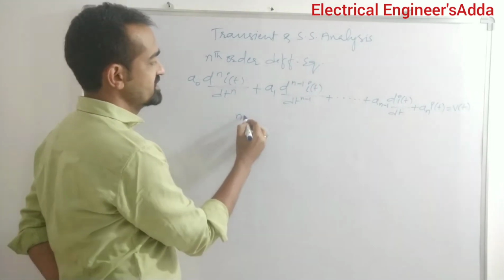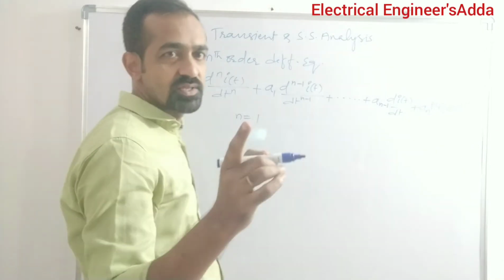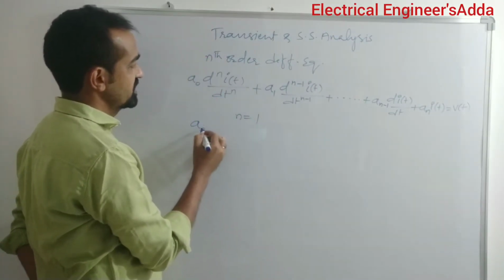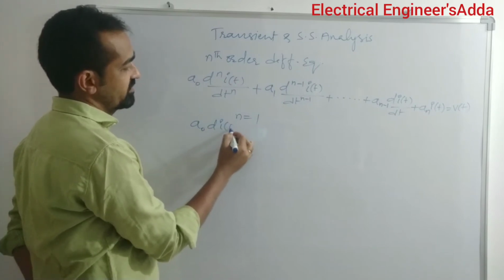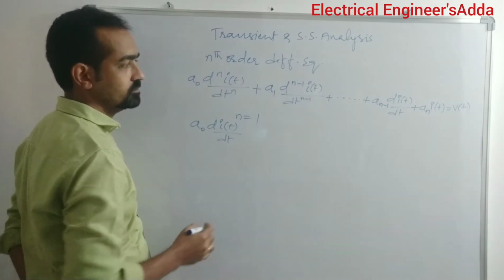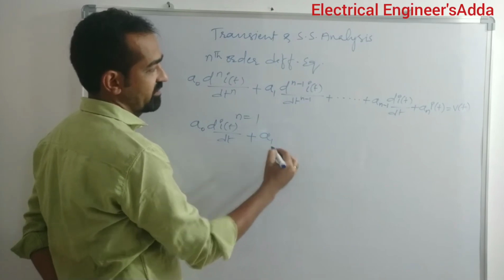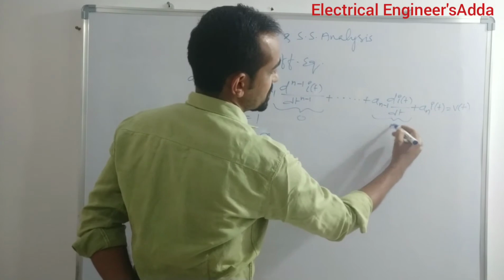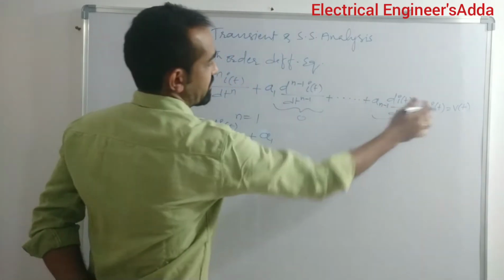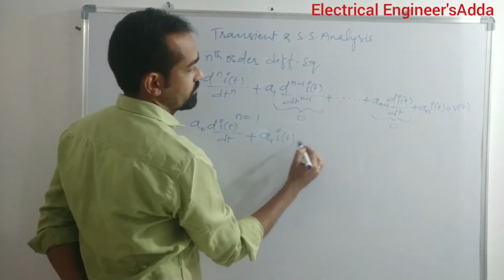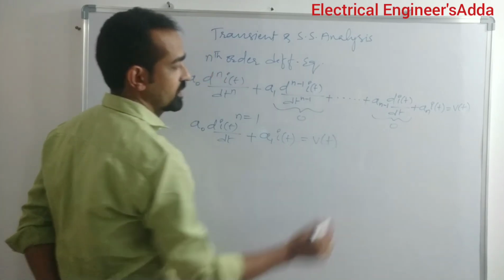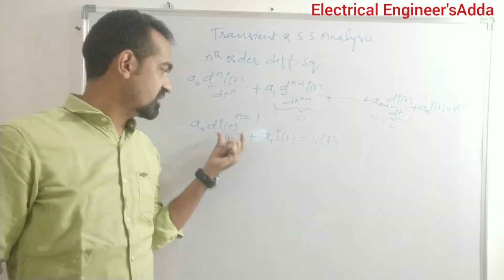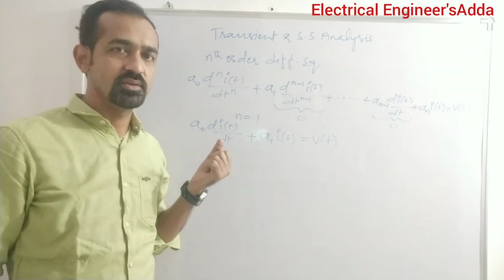If we put n equal to 1, we will get the first order differential equation. This becomes a0 di(t)/dt plus a1 i(t) equal to v(t), the first order differential equation in terms of current and voltage.